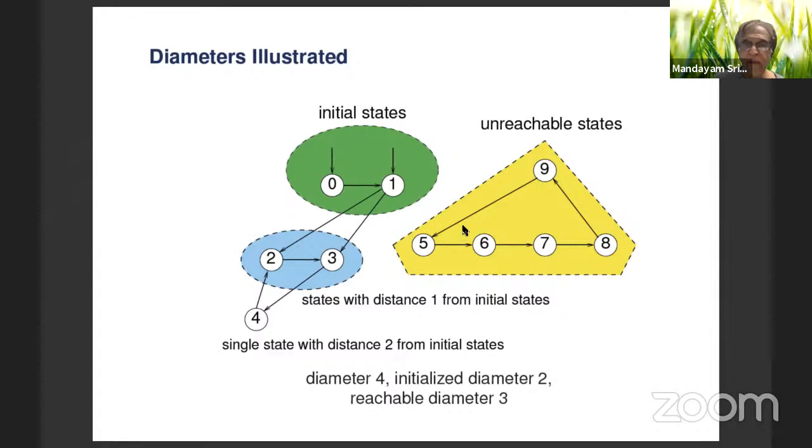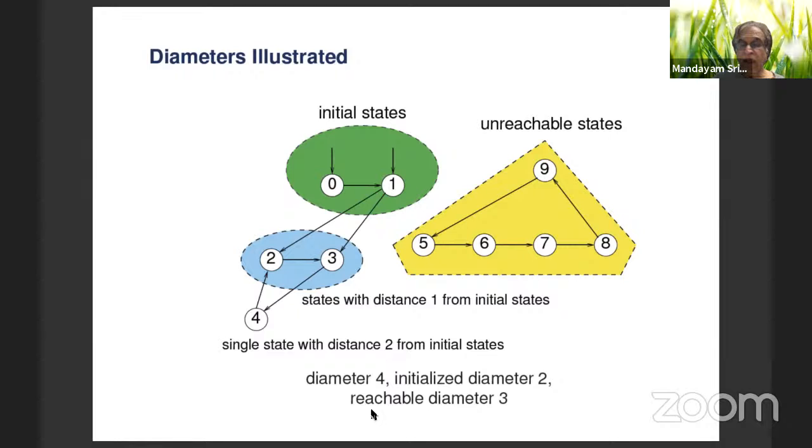Similarly, the diameter for the entire transition relation is 4, because it also includes the distances among unreachable states. Okay, is the definition of diameter, initialized diameter and reachable diameter clear?